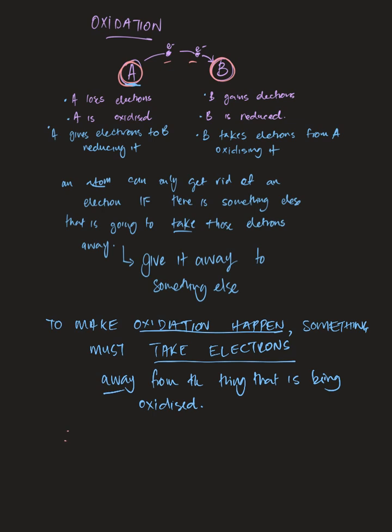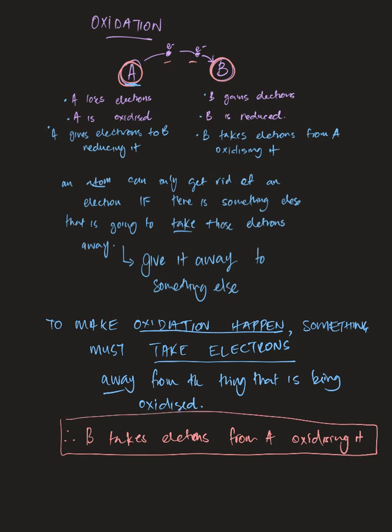So I know that B takes electrons from A, oxidizing it. If this situation happens just like this, then I have oxidation taking place. So B is the thing that's saying to A, give me your electrons.